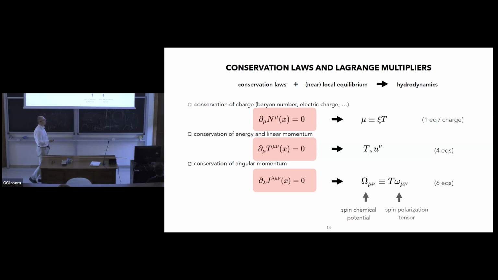And this could be a kind of analog of spin chemical potential, but in this particular case for the angular momentum, orbital and spin part.